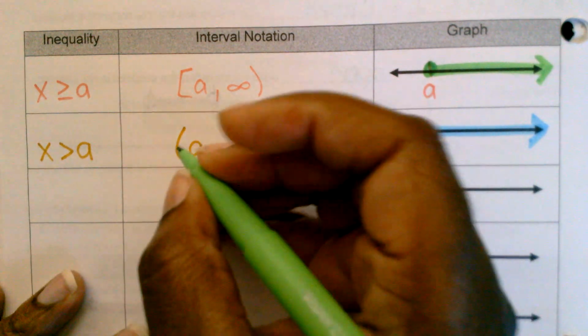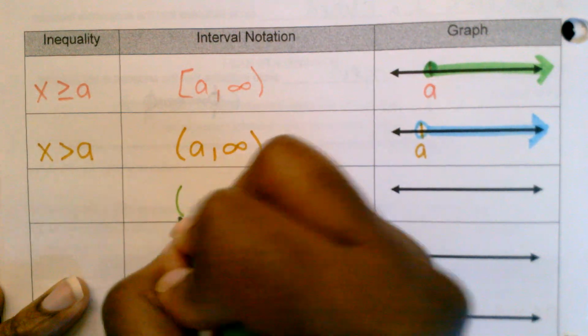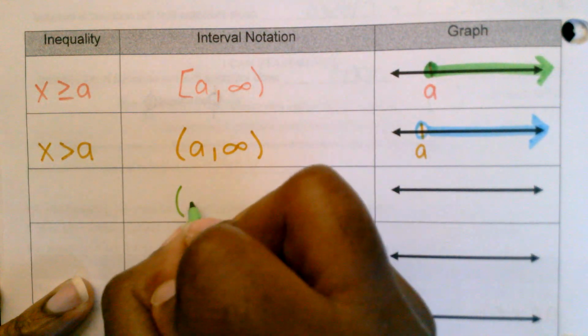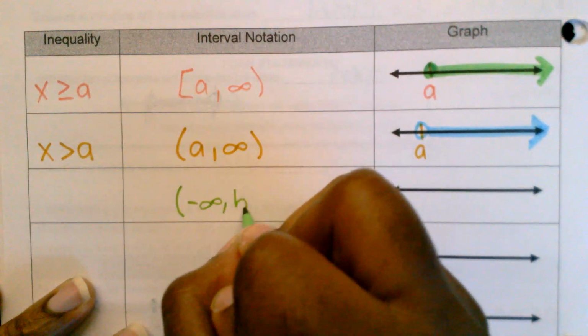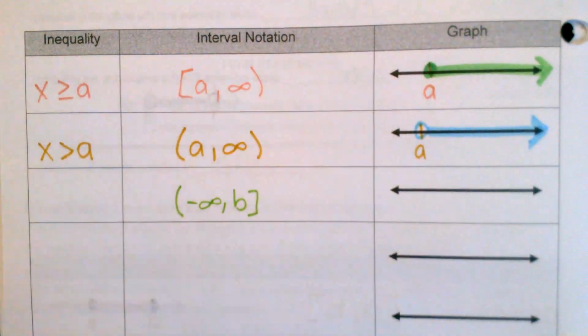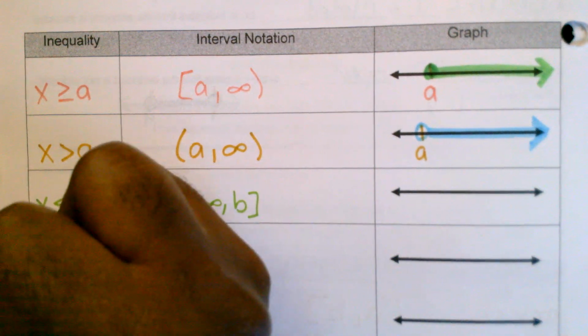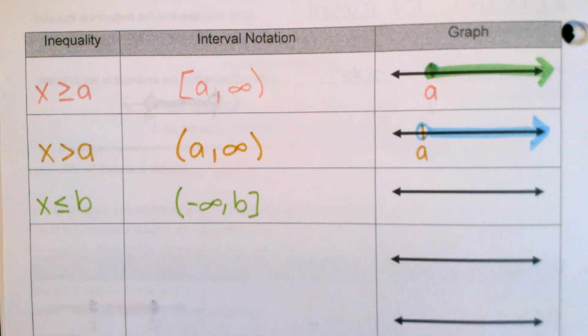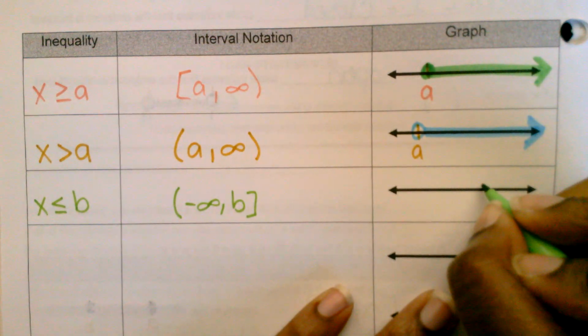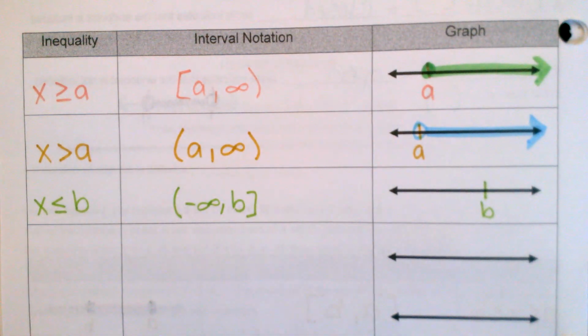Open circle, then I'm going to highlight the rest of my number line with an arrow at the end. All right, next, I have open parentheses, negative infinity, comma B, closed bracket. So this one means that all of my x values are less than or equal to B. So I'm placing B on my number line.